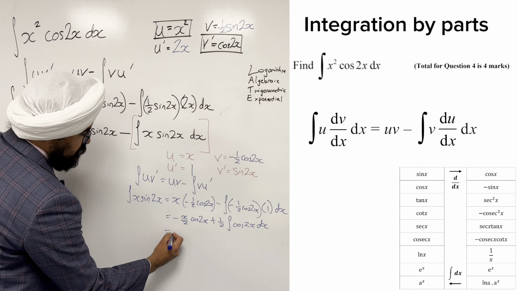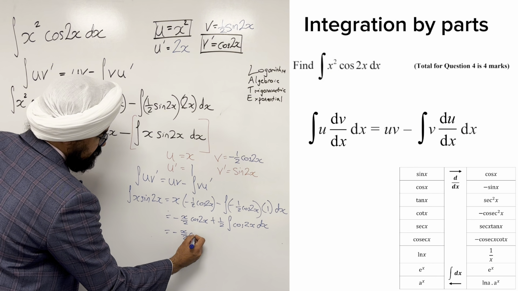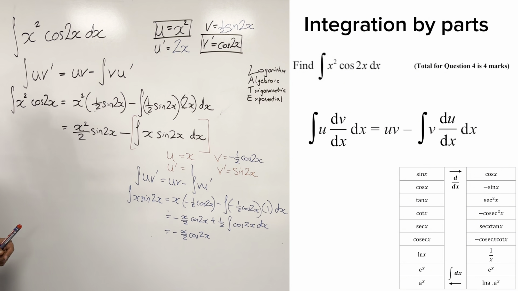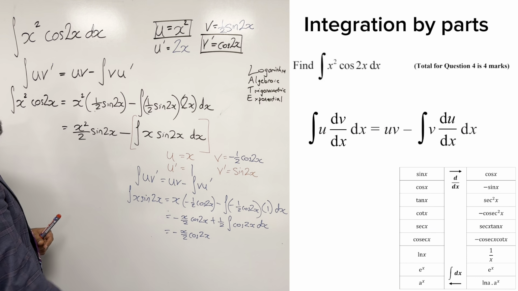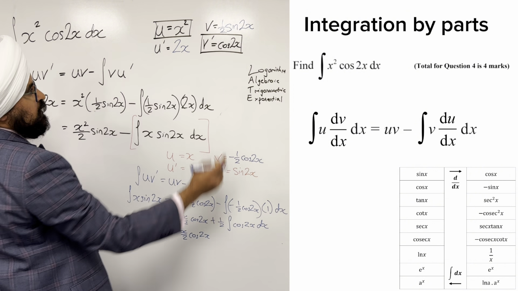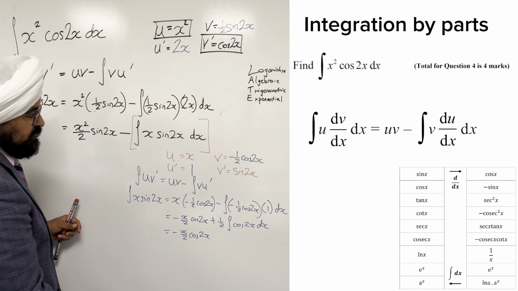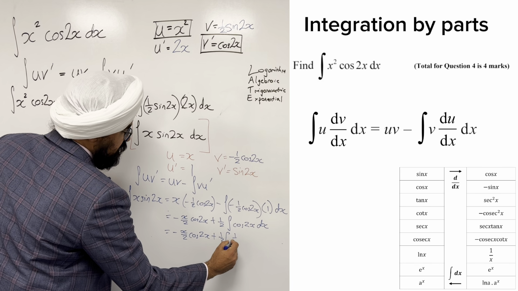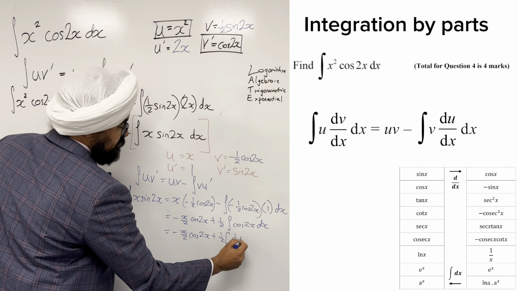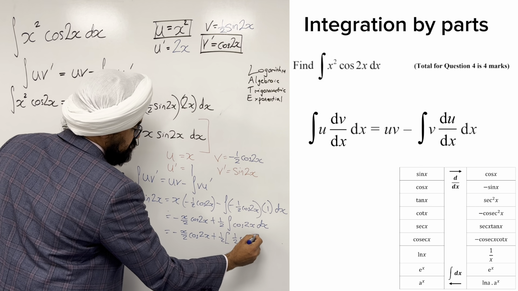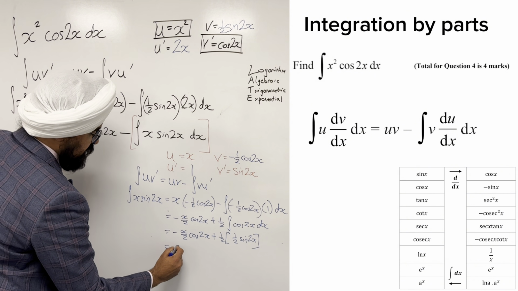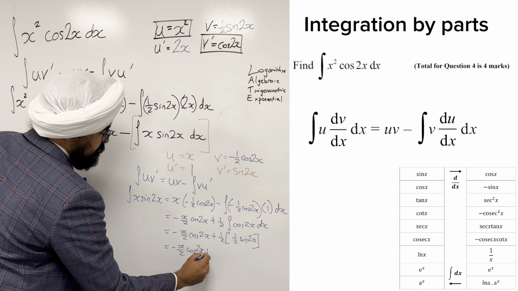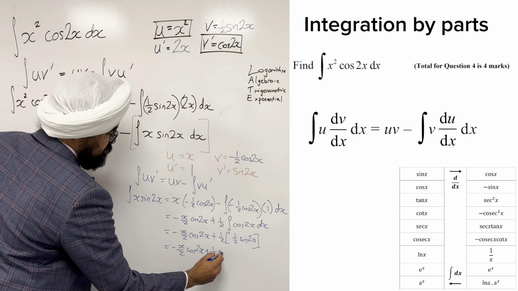So now I can actually proceed one step further and integrate cos 2x. The integral of cos 2x, you've done that here already, is a half sine 2x. So I've got plus half times a half sine 2x. And let's neaten that up: minus x over 2 cos 2x plus a quarter sine 2x.